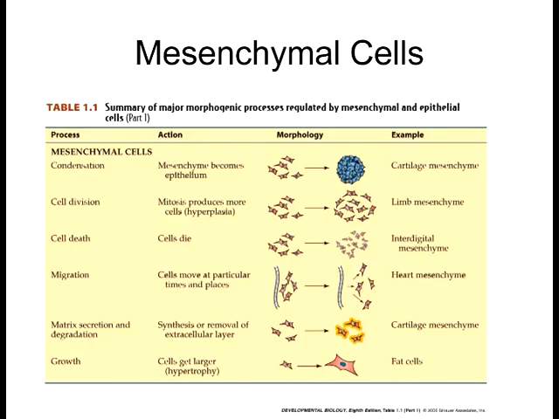Mesenchyme cells, again, there's other terms that we'll use. Most of these you're not going to necessarily see, but condensation is one of those. Just like water vapor condenses and becomes water droplets, condensation is a transition of cells from a mesenchyme to an epithelial state. So they're literally aggregating or coming together and forming a ball or forming a sheet or whatever the case may be.